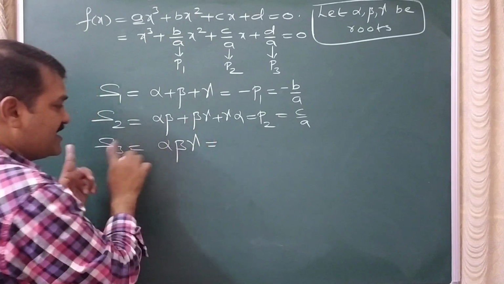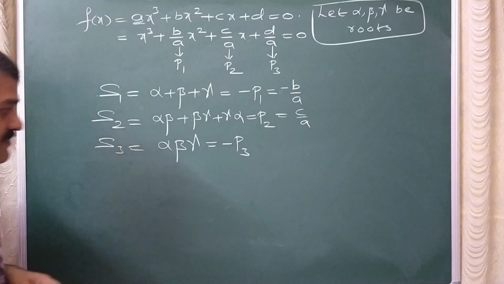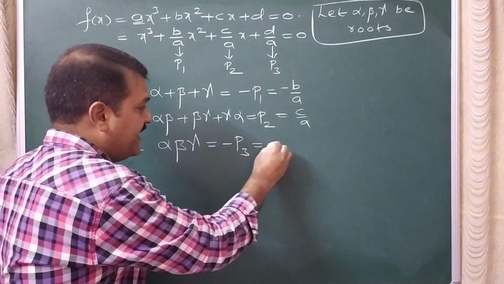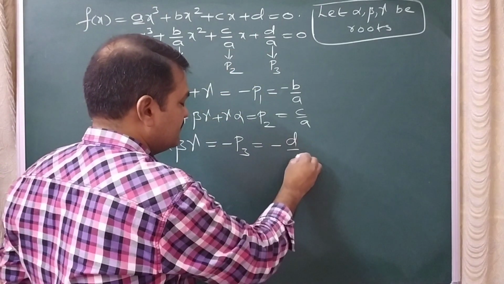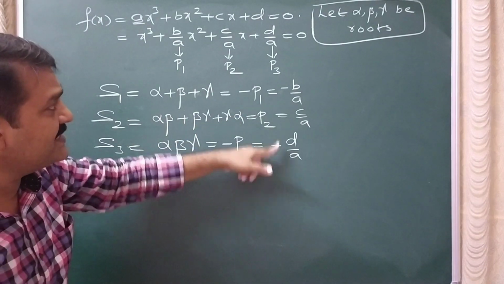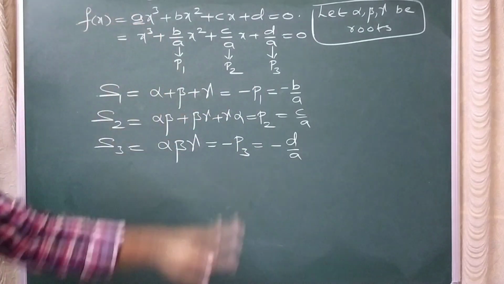Like that you have to remember. So what is the relation between roots and coefficients? S3 is equal to minus P3. For odd suffix you will get minus. So minus P3 is what? d by a. So S3, the product of the roots, means minus constant term by coefficient of x cube.